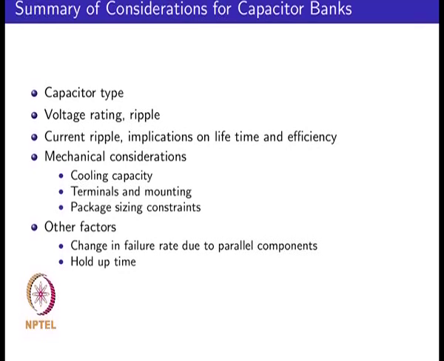In fact, people have started looking at very high reliability inverters, where you might eliminate electrolytic capacitors in the DC bus. You might use polypropylene type of capacitors, but its value is quite small, and if you want a large value of capacitance to hold a DC bus constant, you will need a large bank. So, the capacitor type is important, and the voltage rating from both DC and ripple perspective is important.